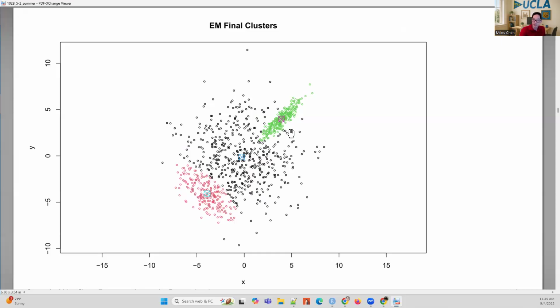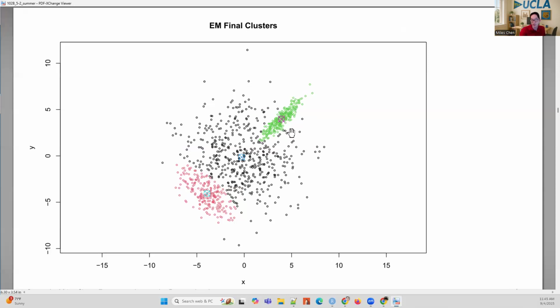Okay. And when we look at this, we can say, well, this point out here should not get assigned to the green cluster, because when we look at the green cluster, there's such high covariance that it is unlikely to produce a value where x1 and x2 are quite a bit different like this.